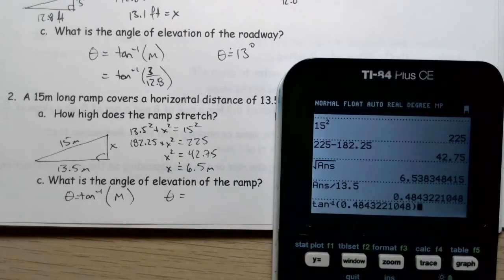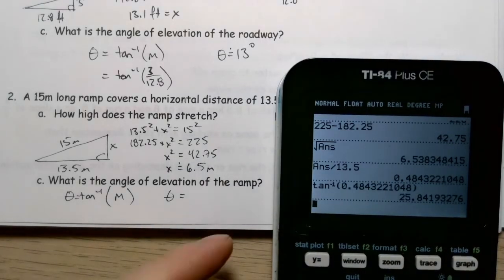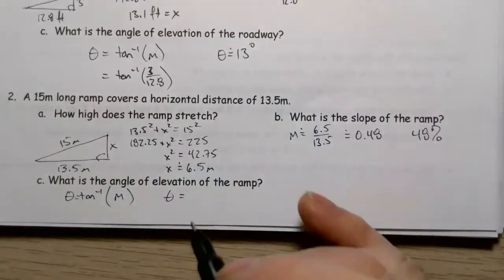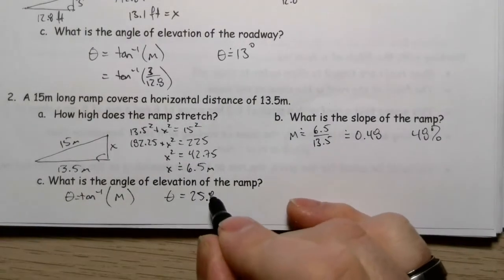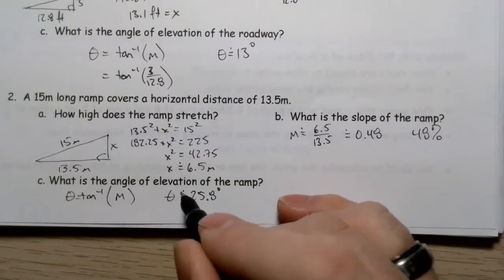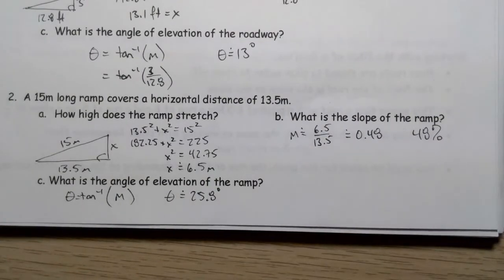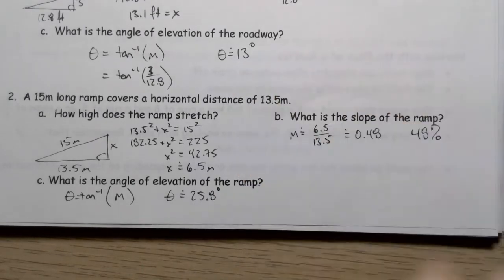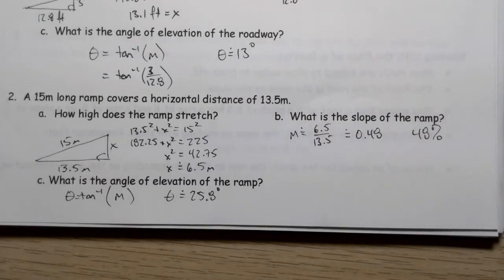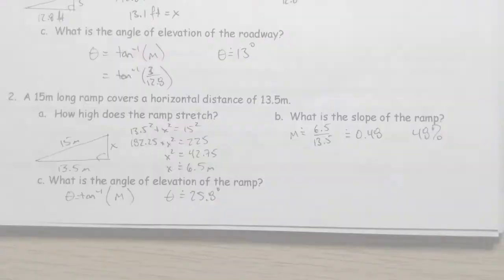It puts it to several decimal places, and I think there are even a few more in its memory that aren't showing. And there we go, 25.8 degrees, roughly. And in terms of this ramp, that probably communicates the information the clearest to me. Just like in that last question, that 13 degrees probably gives it to you in the clearest manner.